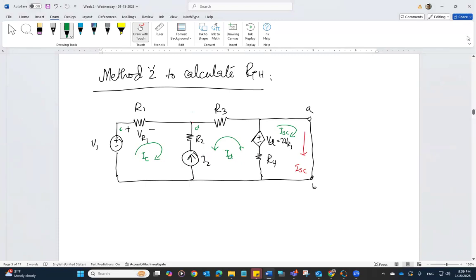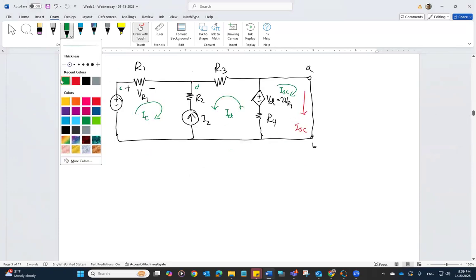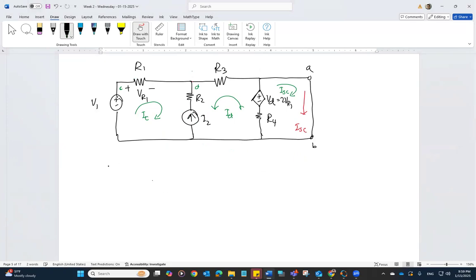So let's go ahead and write down the KVL equation. First, for the super mesh, apply it in C and D.